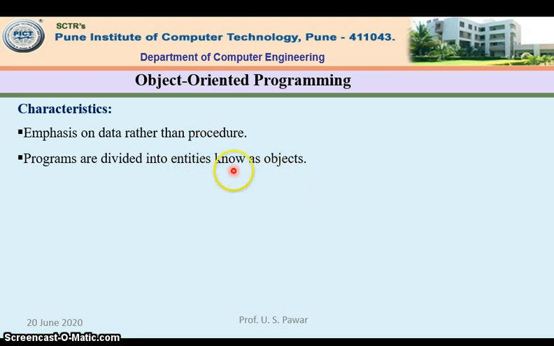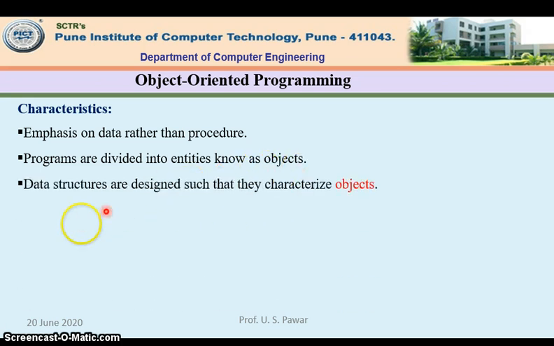In POP, programs were divided into functions. Then in OOP, data structures are designed such that they characterize objects. Now we will see all these things with the help of objects when we actually start with Unit 1, fundamentals of object oriented programming.